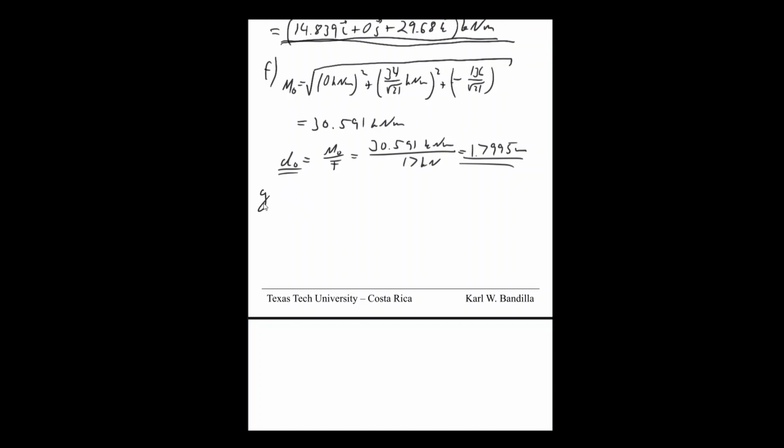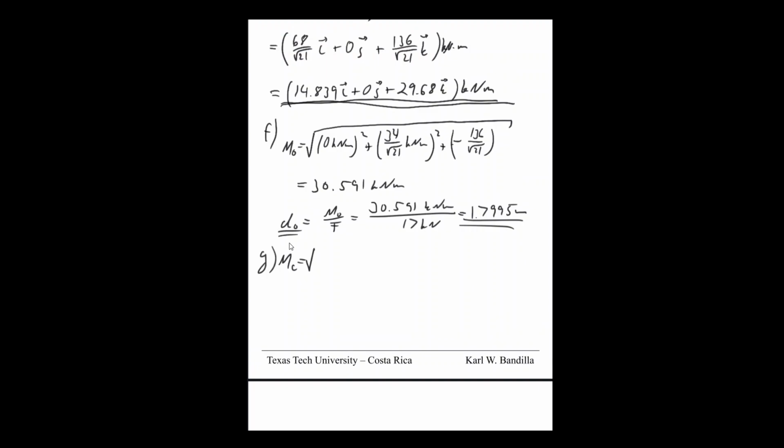And then G was the same thing for C, so MC is the square root of 68 over square root of 21 kilonewton meter squared, plus 0 kilonewton meter squared, plus 136 over square root of 21 kilonewton meter squared.